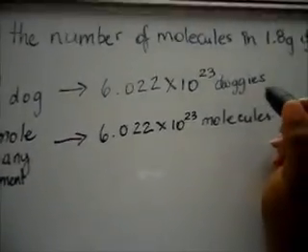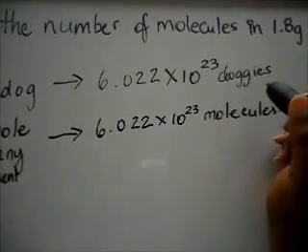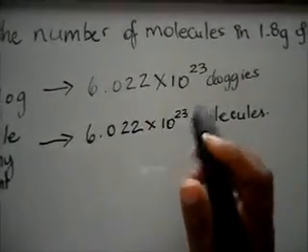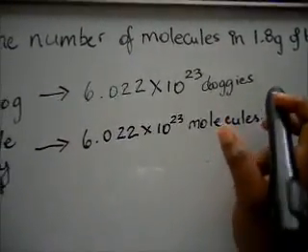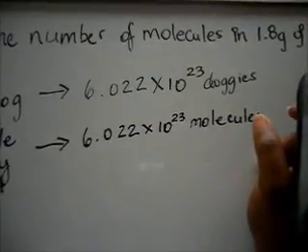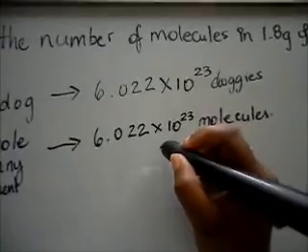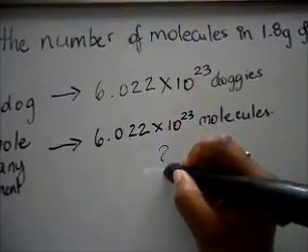Therefore, if you're looking for molecules, you have to find out the number of moles in that amount of molecules. Now, in terms of this, they're asking for number of molecules, right?